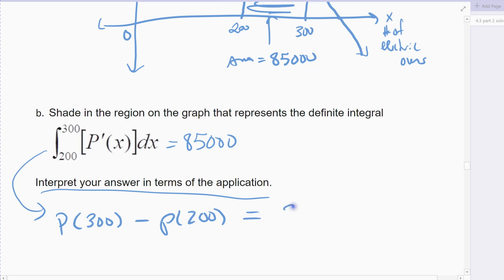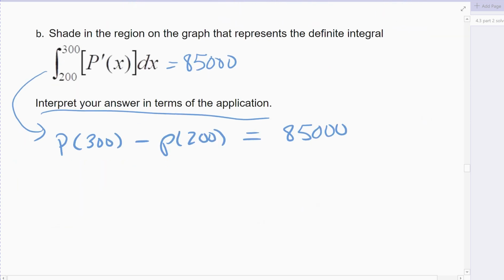That difference was 85,000, which tells me if they increase production, increase sales, from 200 to 300, and specifically that 100. If I went from 100 to 200, I might get a different answer. If I went from 150 to 250, I would get a different answer. So we increase specifically by those 100 units in sales.